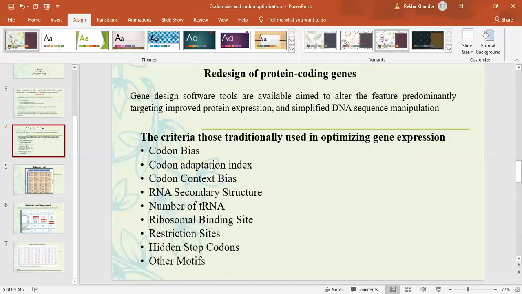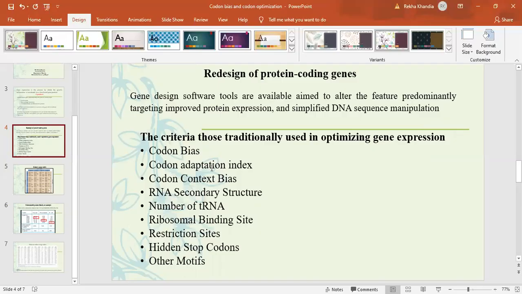Because if we go for recombinant DNA technology or any other technique where we want to have our protein in ample amount, then in a naturally occurring gene we have to make some mutations, and this science is called synthetic biology.